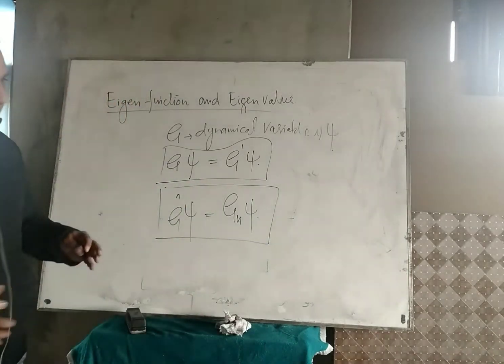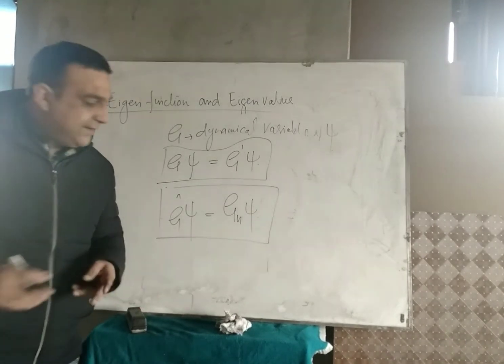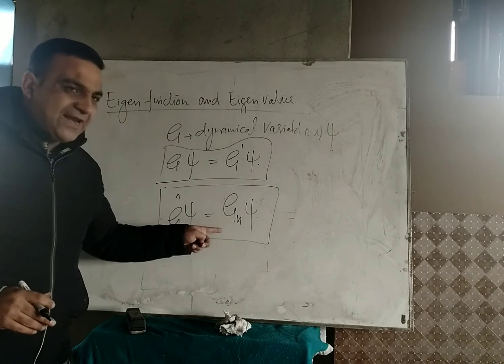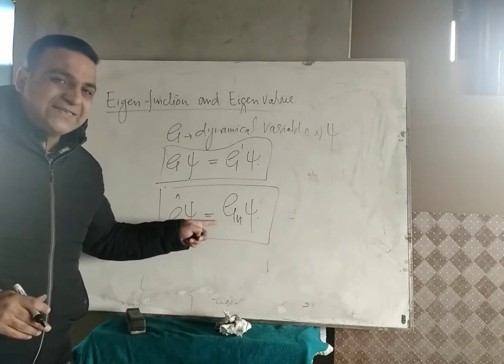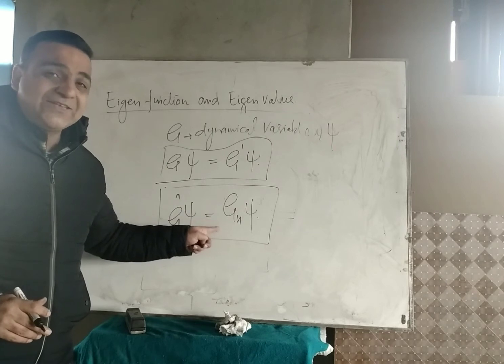Now, for a problem that is bound in nature, this Gn has discrete values. First of all, this Gn has to be a real number.